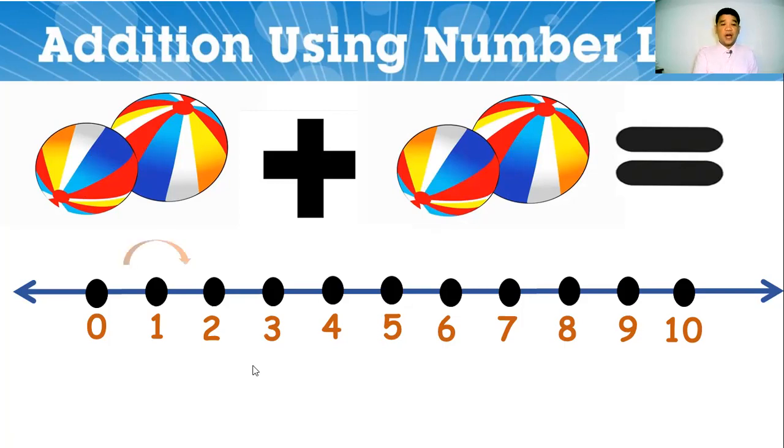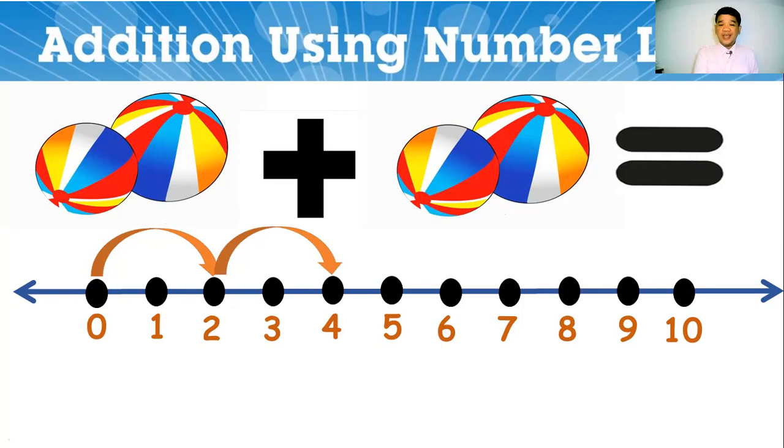The 2 balls: 0, 1, and 2. So this stands for the first 2 balls. And then another 2 balls, 1 and 2.